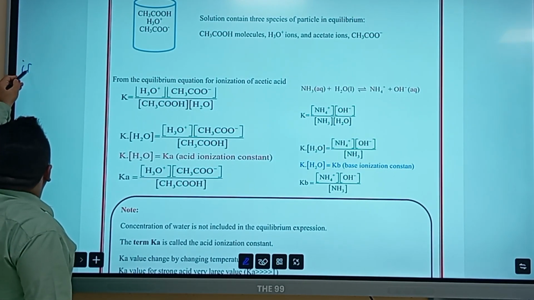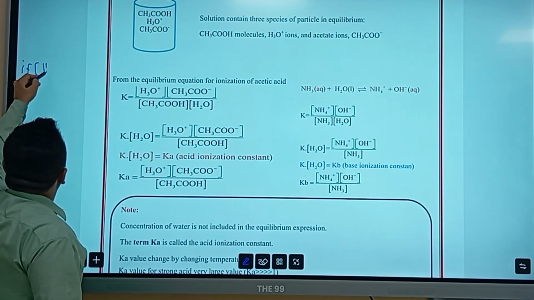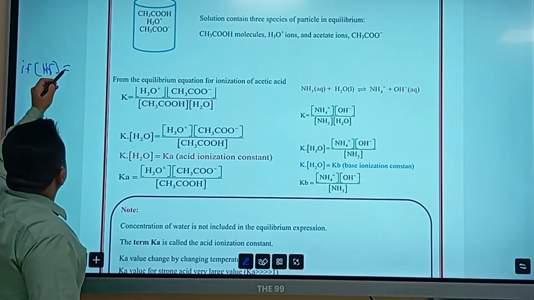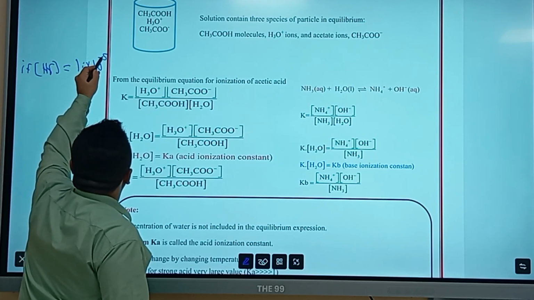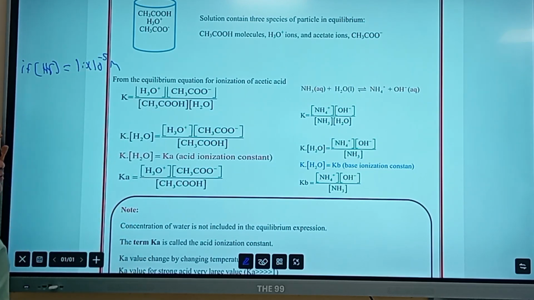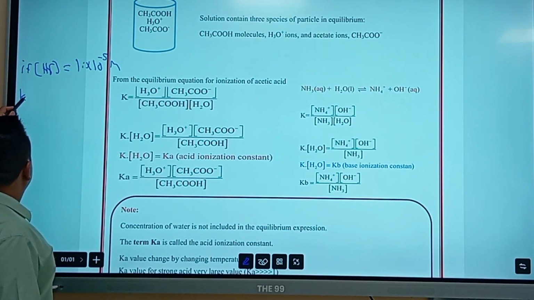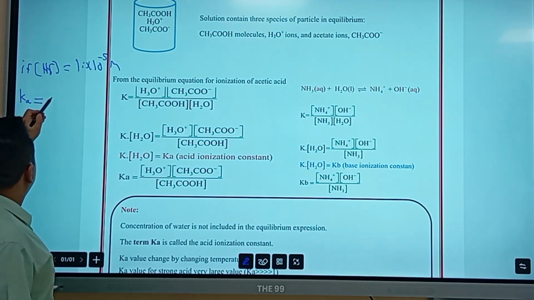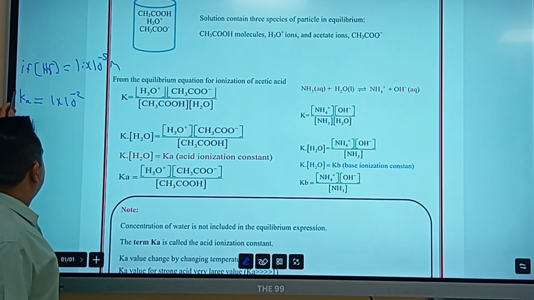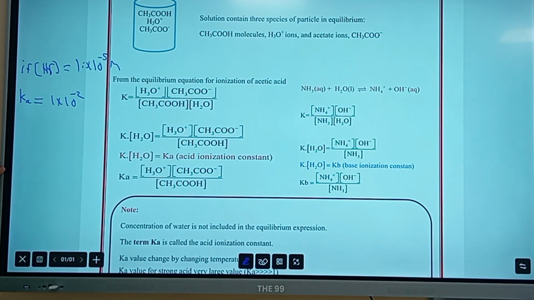For a solution, if the concentration of HF equals 1 times 10 to the power minus 5 molarity, and if Ka for that solution equals 1 times 10 to the power minus 2, which is the Ka value, the constant ionization of the acid.